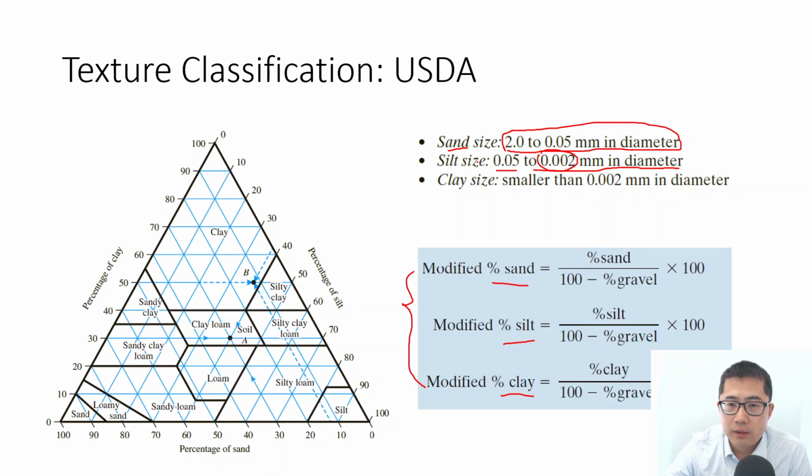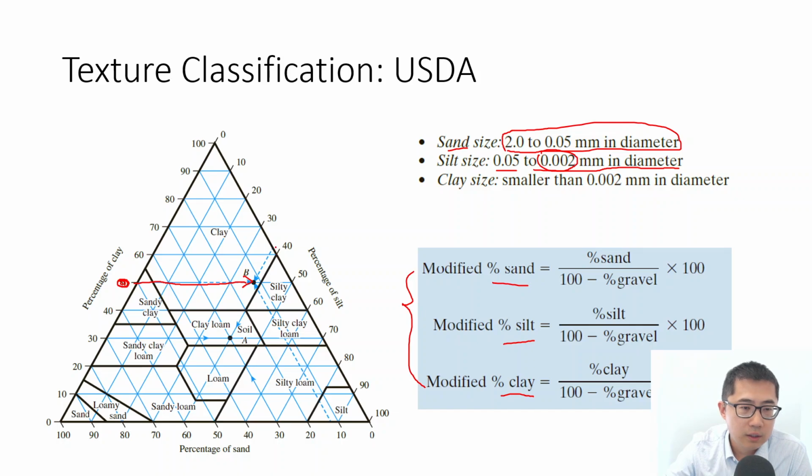So you do that, and you come up with the 3 percentages, which should total up to 100%. Let's say, for example, that you have a material that has 50% clay. Realizing I'm covering this material up, but this is 50, and you go along this line over here.